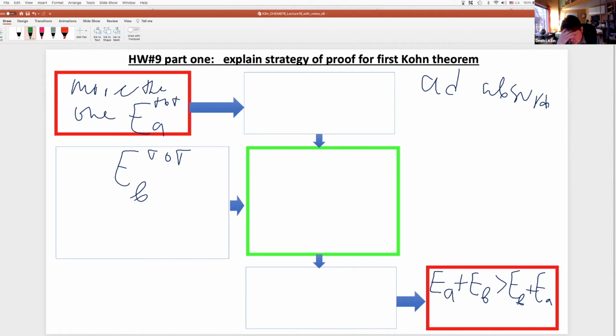So the theorem tells us that if we know the density, we will reconstruct the external potential and then the total energy.